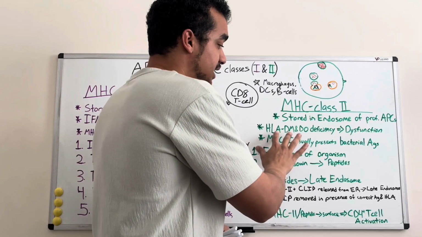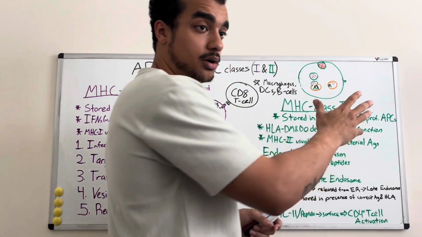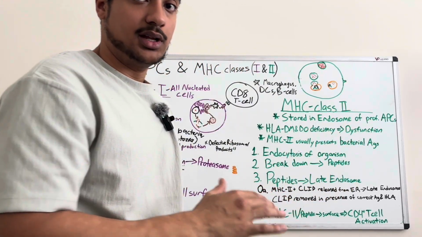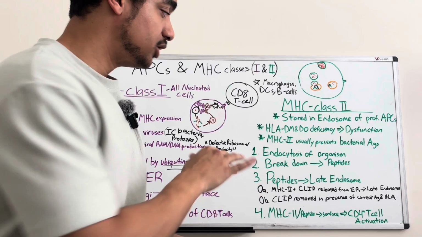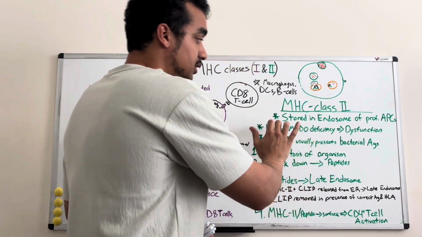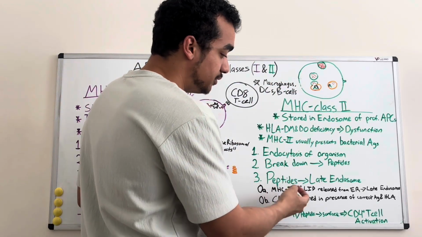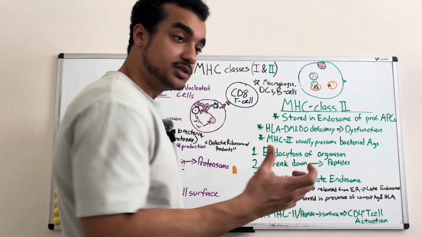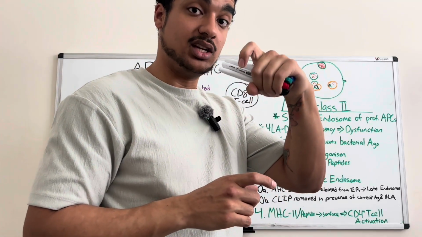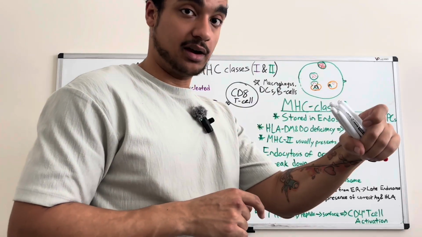And HLA-DM and DO haplotype deficiency or mutation would lead to dysfunction of MHC class 2. Now, the reason for that, let me go over it now, is that these proteins have a function in removing the CLIP protein. The CLIP protein is what is initially bound to MHC class 2 inside of the late endosome, before it's even presented viral antigens.